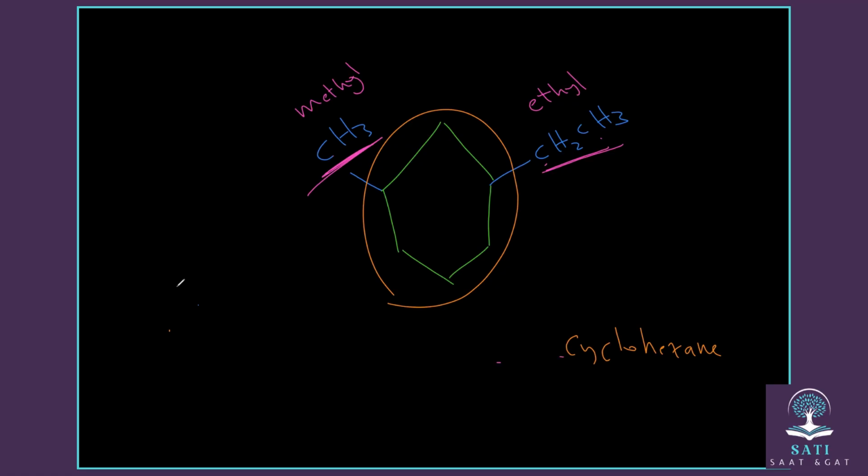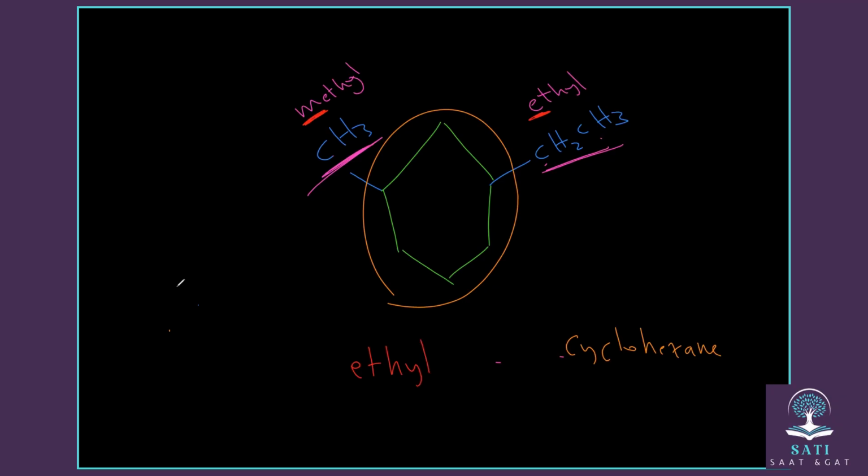Methyl or ethyl? Look how I write now. You go by the letters alphabetically. Which one comes first, M or E? E comes first, so I'm going to write ethyl first.